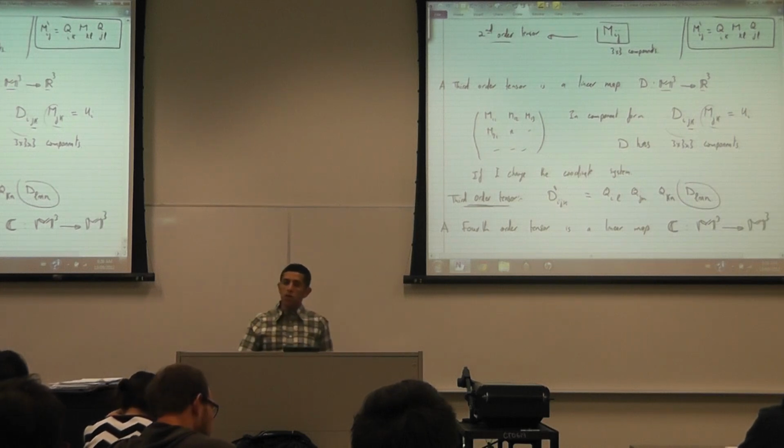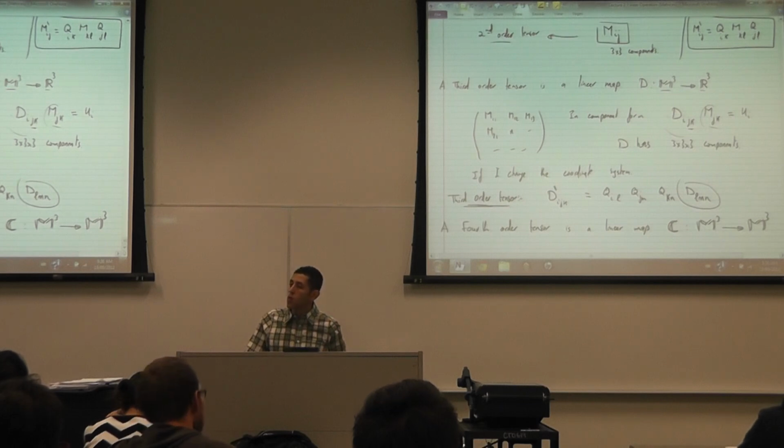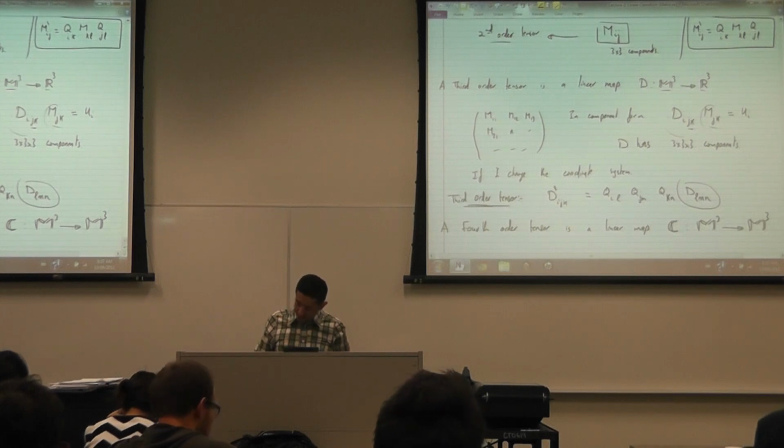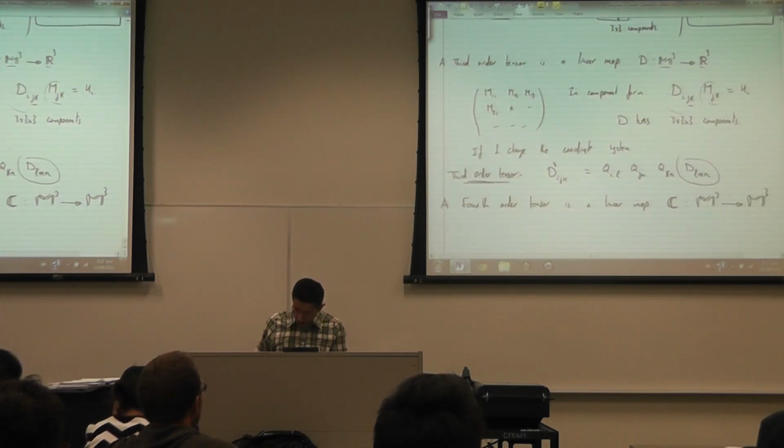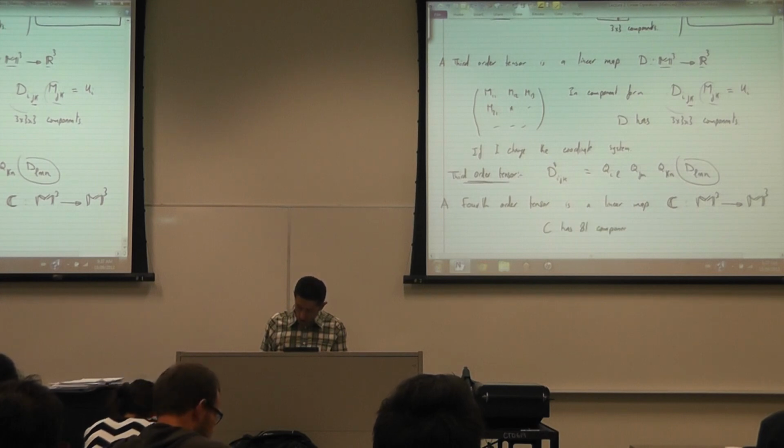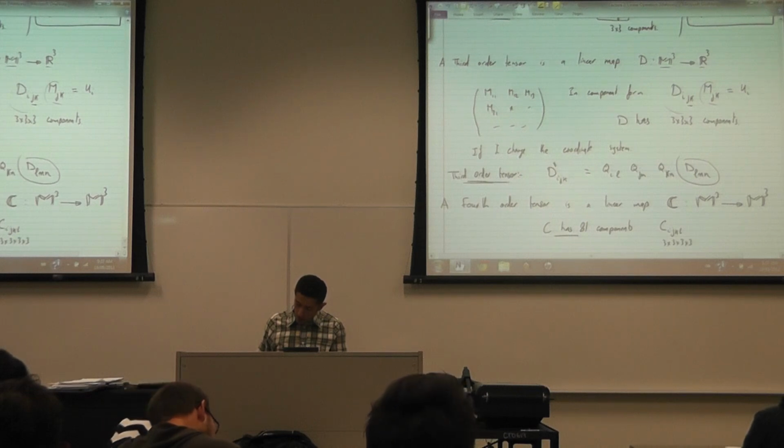So how many components does C have? 81. So C has 81 components. C_IJKL, 3 by 3 by 3 by 3.